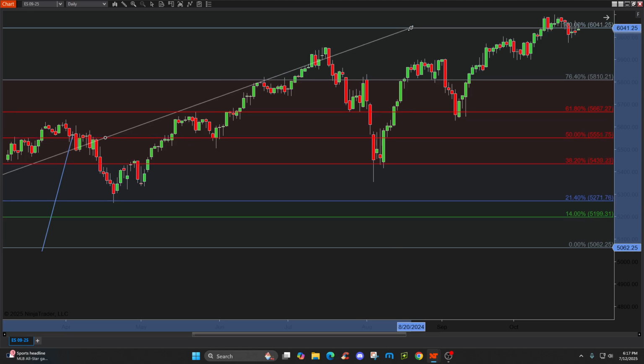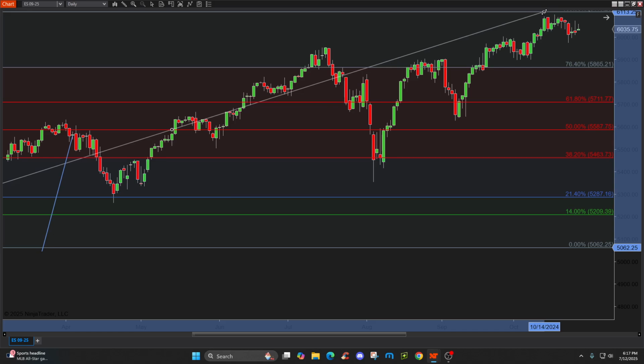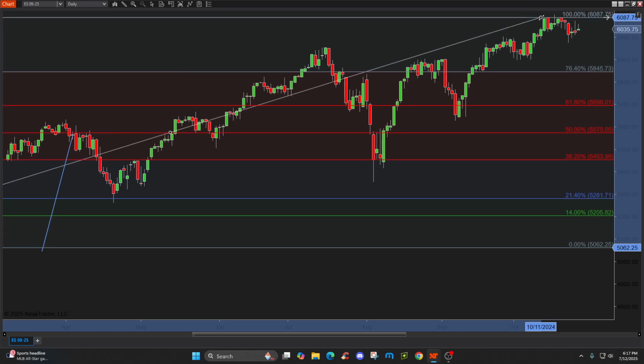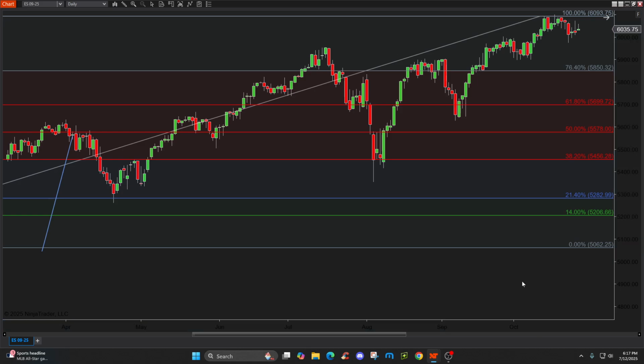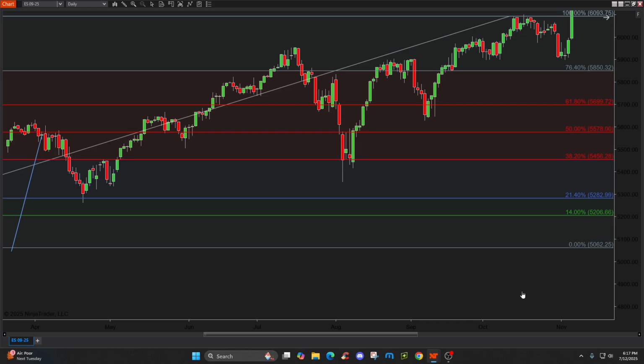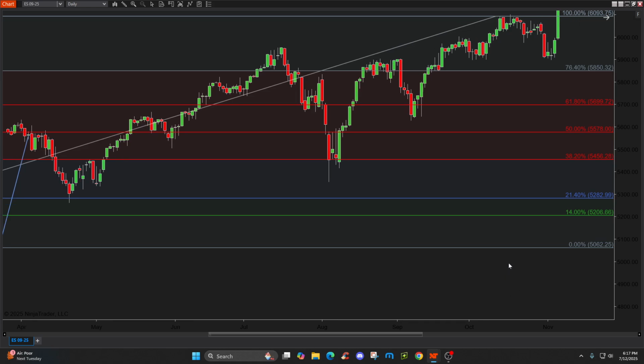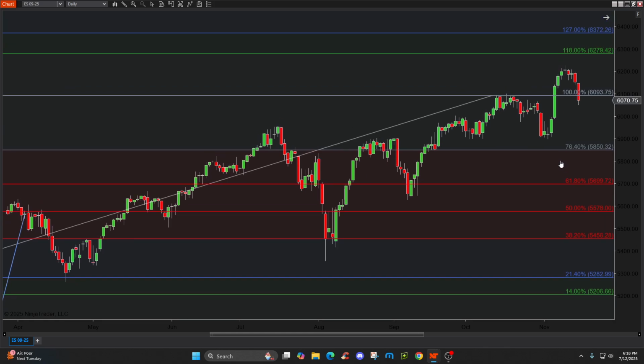Now we're clear up here. Now if we start sliding this, once again, no pullback to speak of. So basically we're staying out of this one.